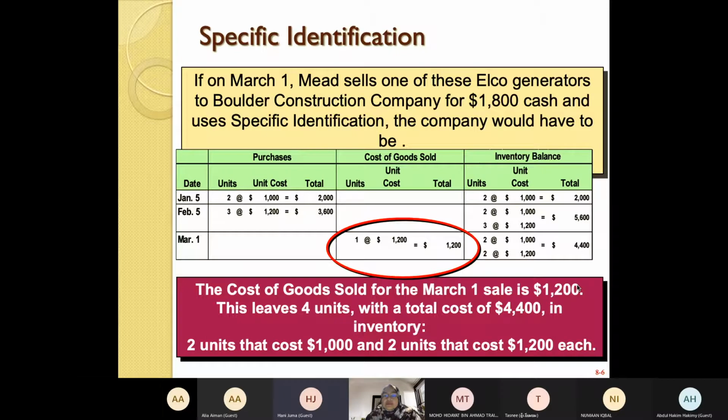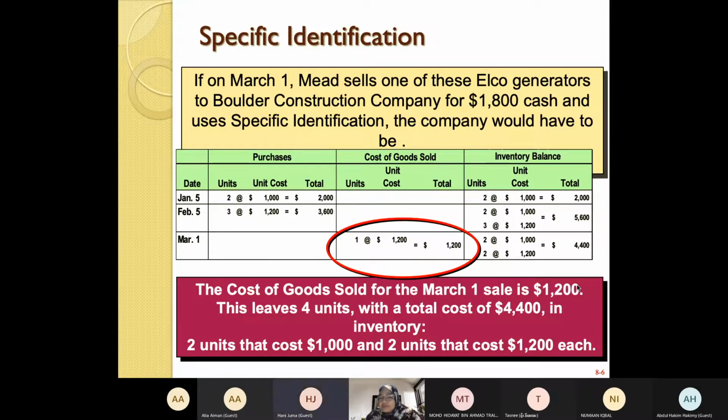Doctor, I have a question. Since we don't have units in March, how come we have 4 units under the inventory balance? On February 5th, you have 2 units at 1,000 and 3 units at 1,200. And then on March 1st, you sell 1 unit that costs you 1,200.